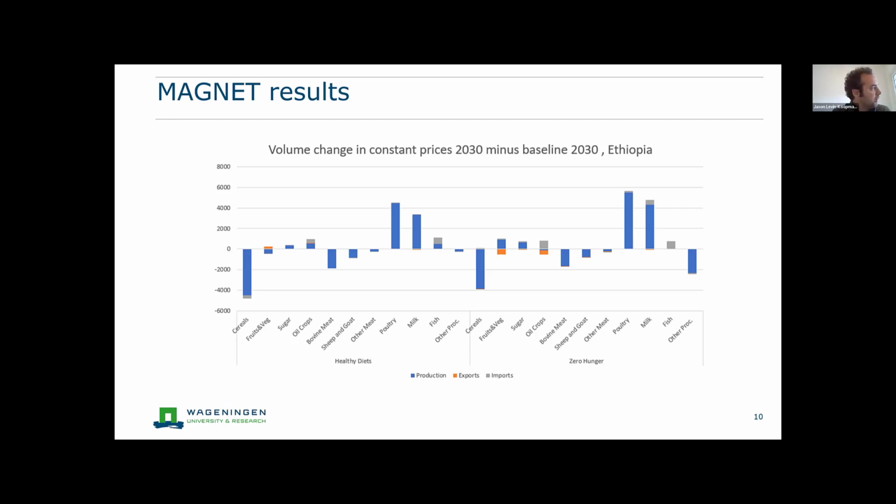Something we're still a bit wrestling with is from almost all of these categories, we adjust the consumption patterns to fit the desired calorie consumption. However, what we leave alone, what we don't touch, is the category other processed foods. In GTAP, it's OFD, other foods.